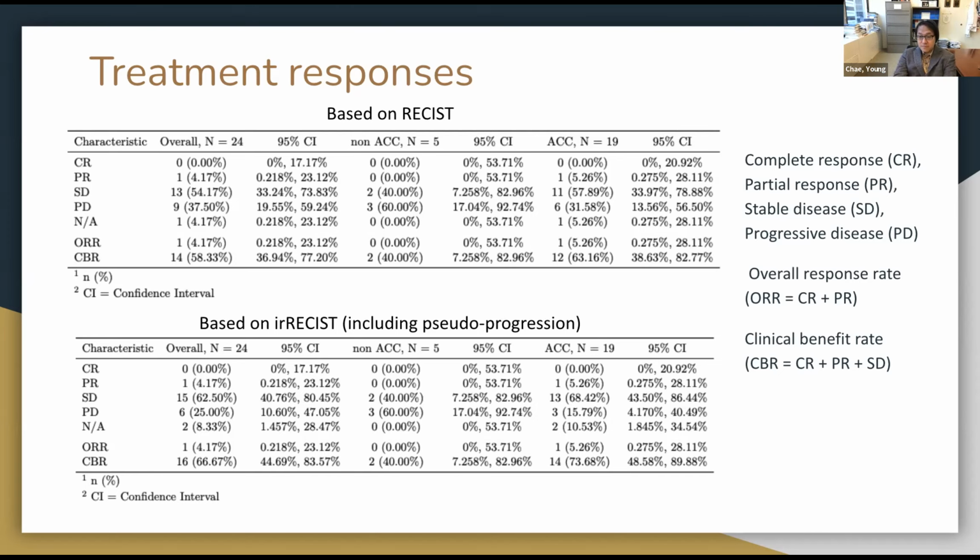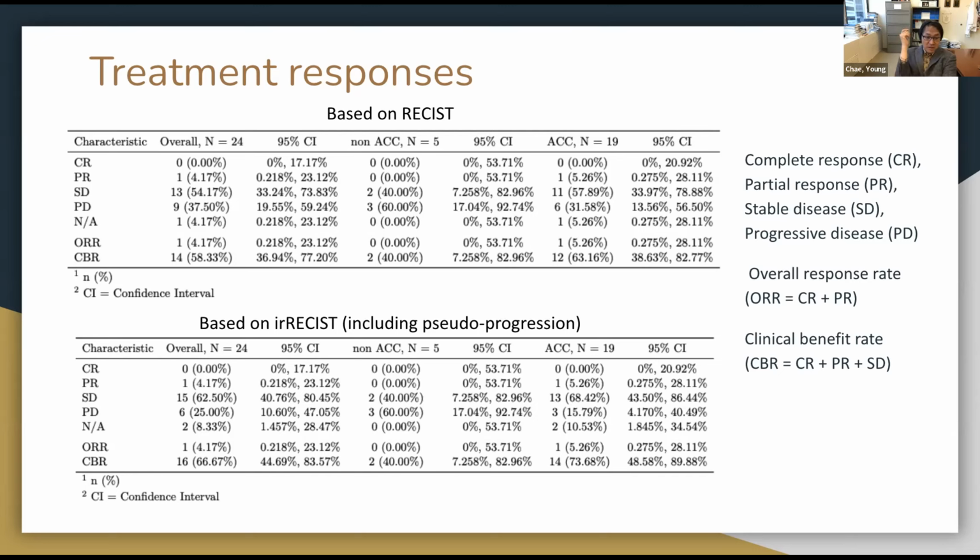Okay. And this is why we like to use iRECIST. But in reality, it's not being used much in the clinical trial world because it's time consuming and it's not as simple.